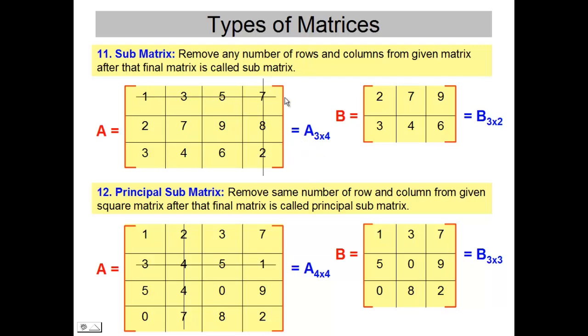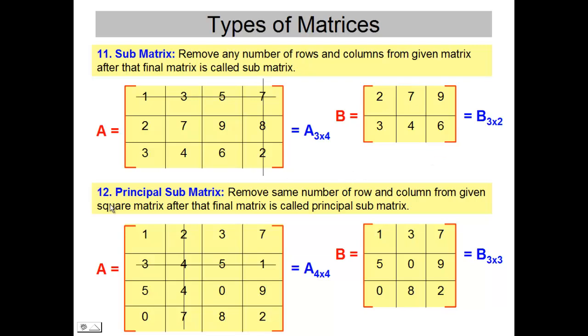I remove the first row and the last column. The remaining matrix is 2 7 9 3 4 6. So this matrix is a submatrix of matrix A. You can also remove the middle or the bottom ones, and the remaining elements will differ, as for matrix B.